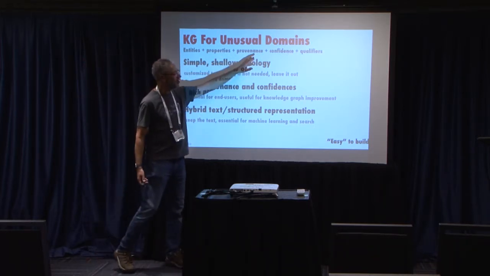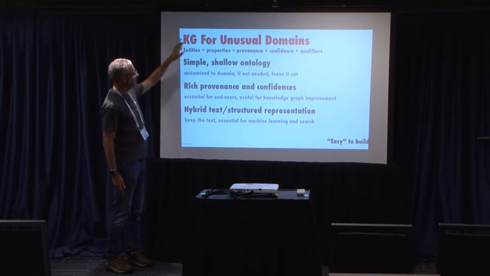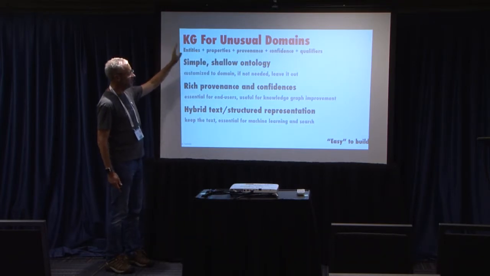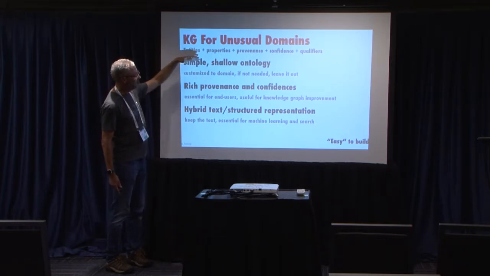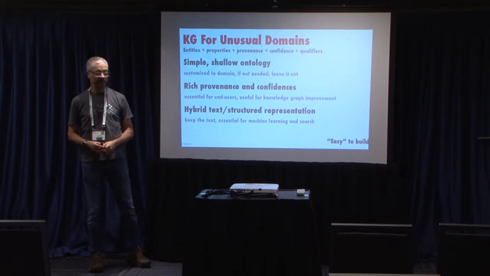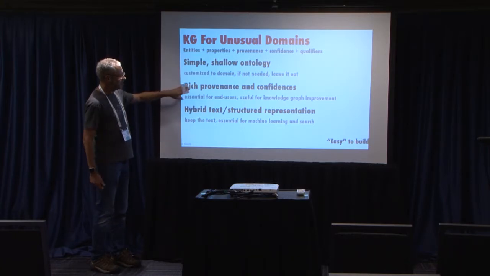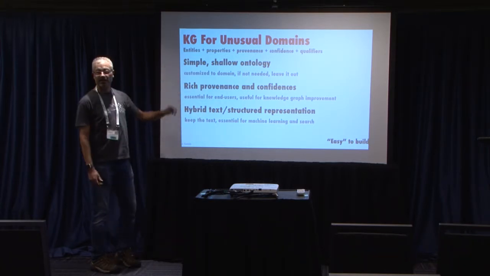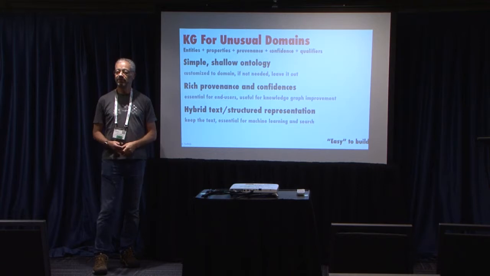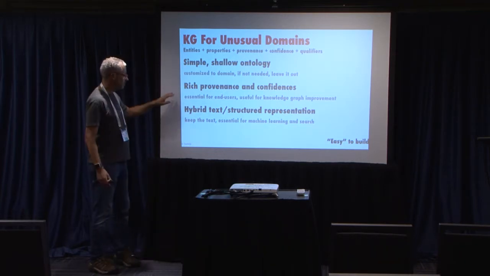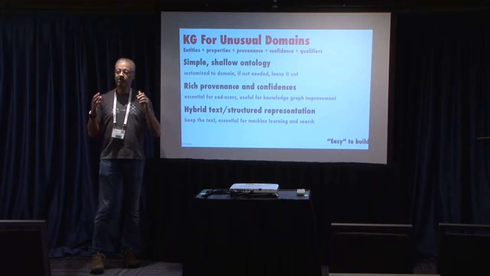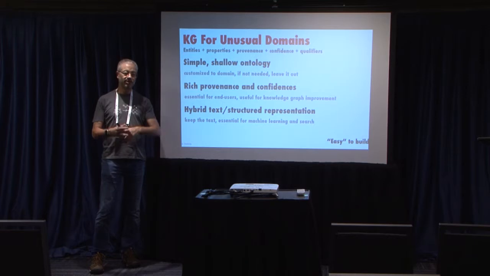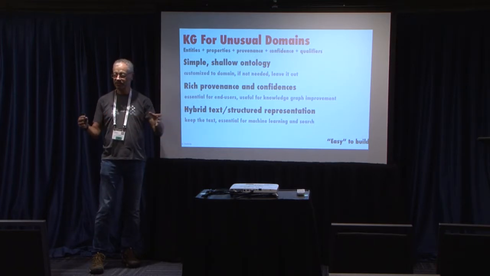So provenance and confidence are very important, and then we represent whatever we can about entities and properties. We keep it as simple and as shallow as we can. But we record everything about every trip. And I'll show you that later. And then we keep the text as close to the structured data as we can. So we partition the document into pieces.